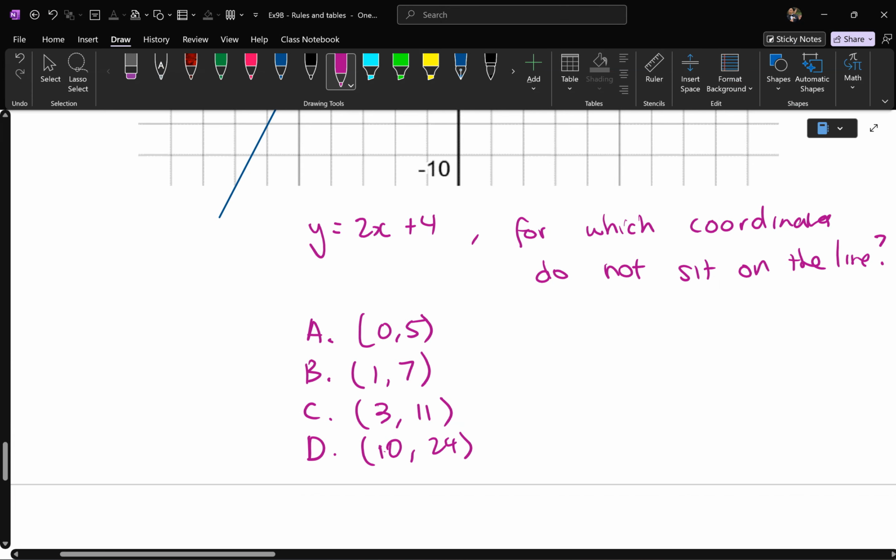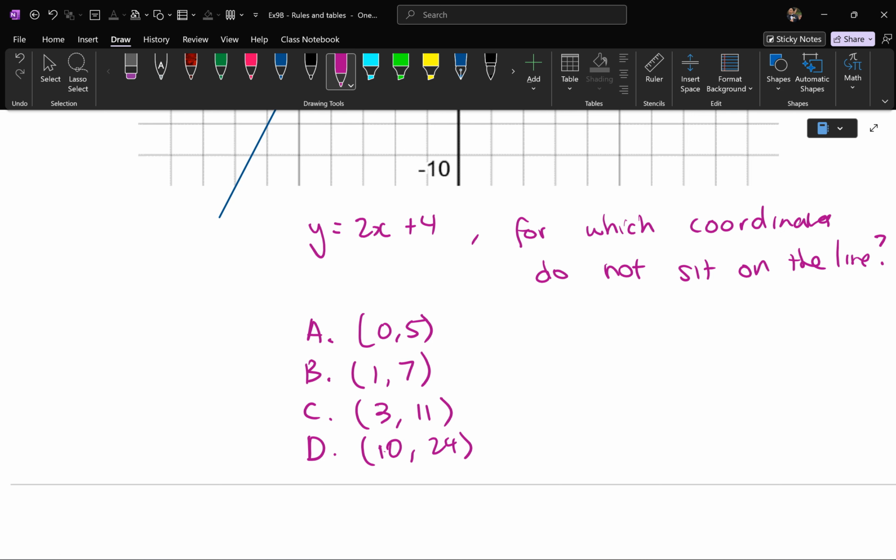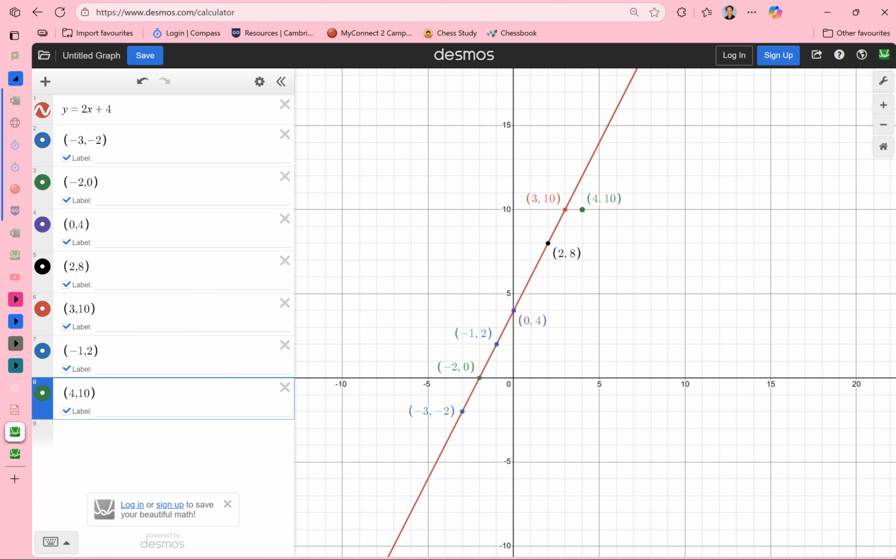This doesn't have a picture. You have to then be able to figure out logically which one will sit on the line. But the only reason why it sits on the line, if you realize, was because you followed the rule. The rule was double x, add 4. Each one doubles x and then adds 4 to get to that y coordinate.